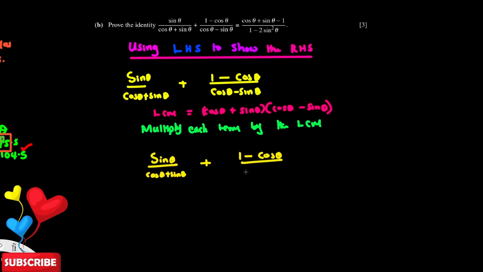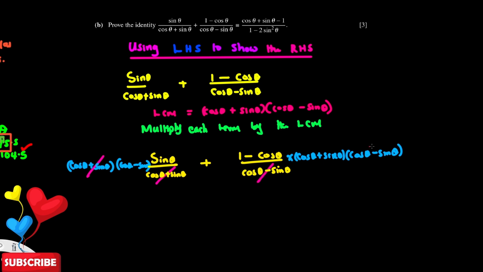Multiply this side by the LCM, and also multiply the LCM on the other side. You can see this part will cancel out, and cos theta minus sine theta will cancel also on the second term.